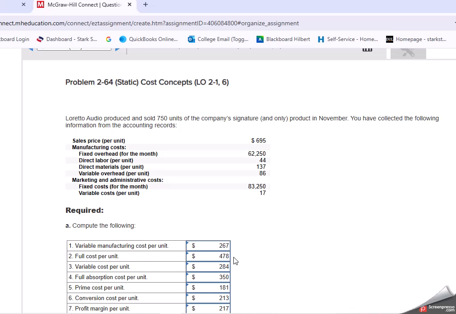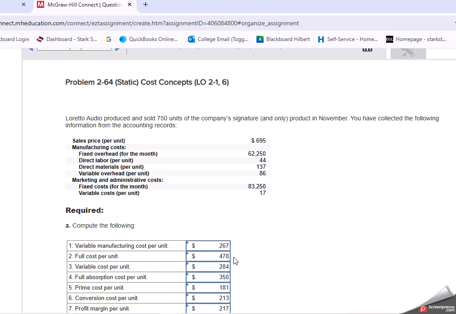And then we also have to factor in our marketing and administrative. So that's $17 per unit. And then our fixed costs there, I guess I probably should have added those together. All right, so let's go back and do that.